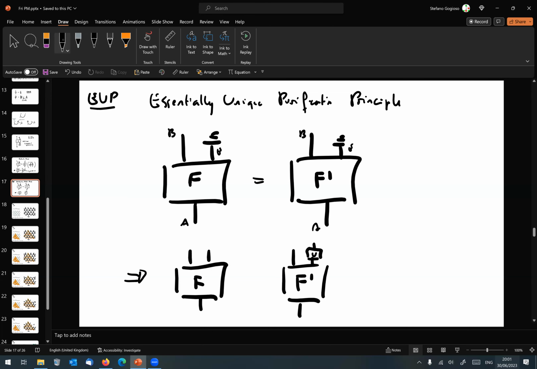There is some unitary from E to E, which makes this true. And I can make it even more general and say that I don't even need a unitary, and I don't even need the environment that I discarded to match.